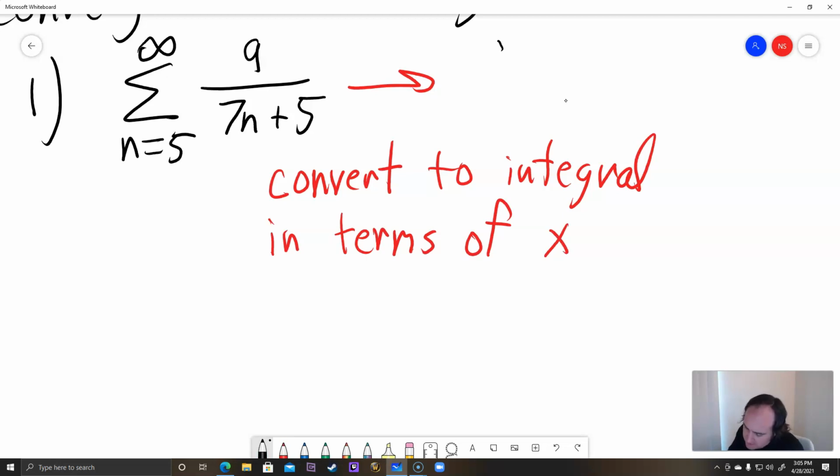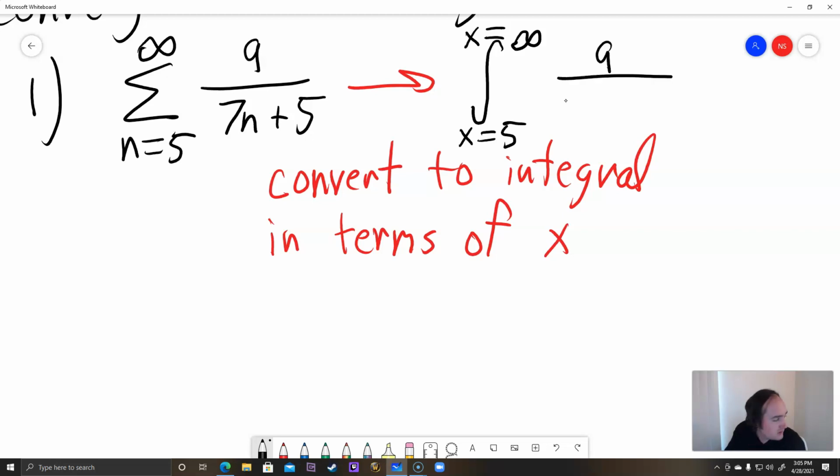Now we're going to have the integral from x equals 5 to x equals infinity. Well, x can't equal infinity, but you know what I mean. So it's really the integral from 5 to infinity of 9 over 7x plus 5 dx.